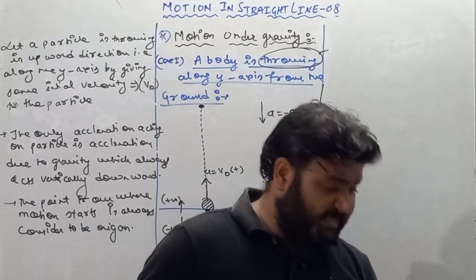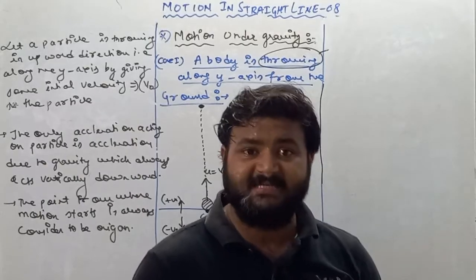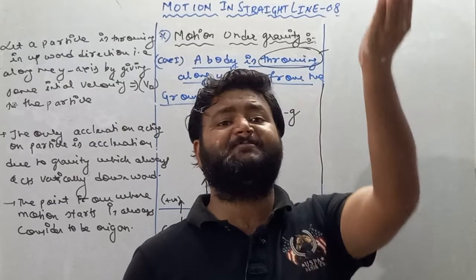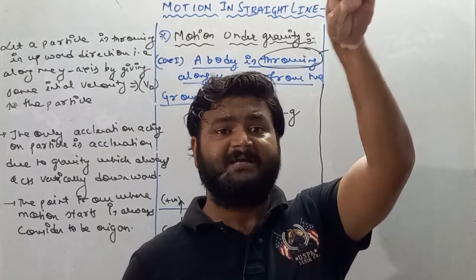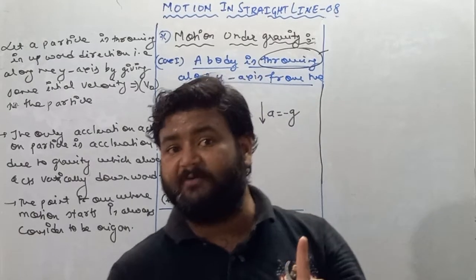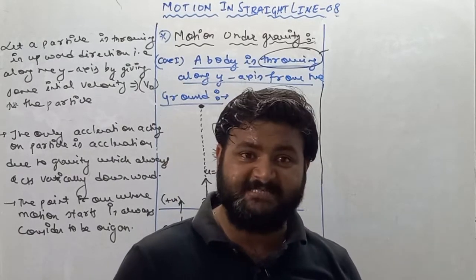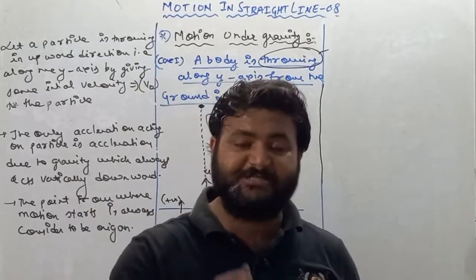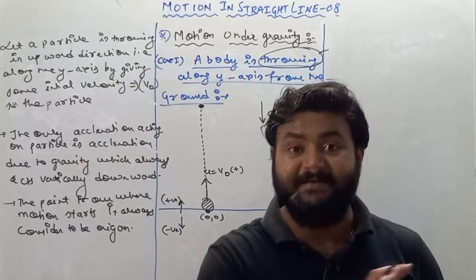So what happened? If I throw a particle along y-axis, it achieves a certain height and comes back. First, the direction of motion is positive y-axis. It stops at a certain height and then again comes back. Why am I using the word stop? Because the direction of motion changes, and I already told you, without coming to rest, the direction of motion of a particle never changes.